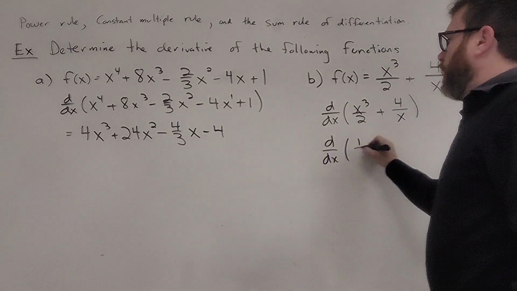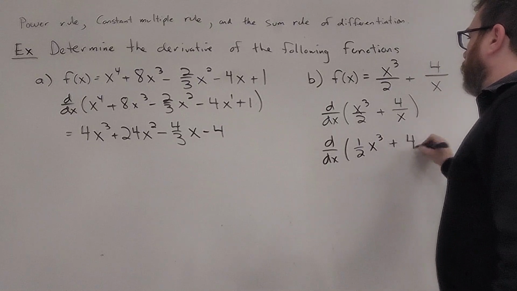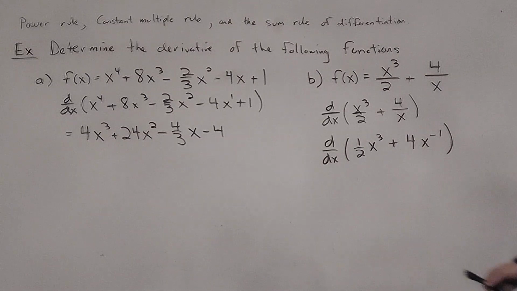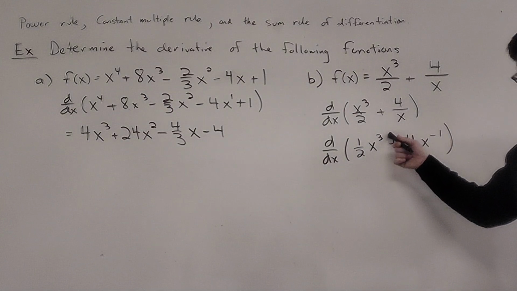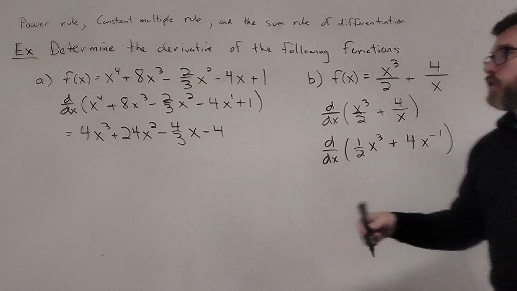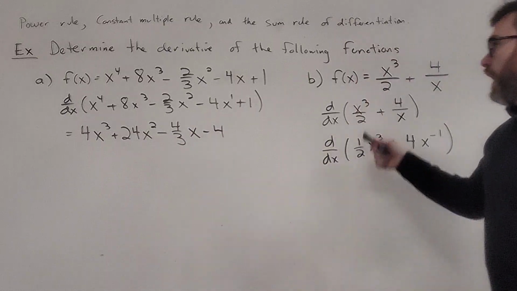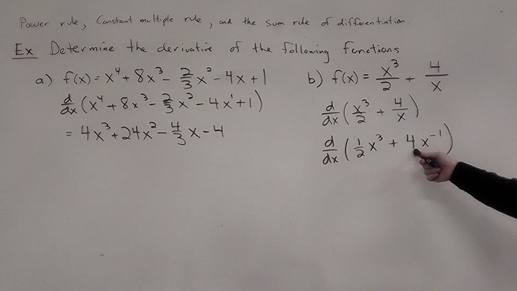This is 1/2 x cubed plus 4x to the negative 1. When you're using these power rules, it's nice to isolate your coefficient, your variable, and then your power. So coefficient, variable, power. Just like you have here. Like this is nice and isolated, so it's easy to take its derivative. Not so much there. So I can see that the coefficient is 1/2, and then this coefficient is just 4.